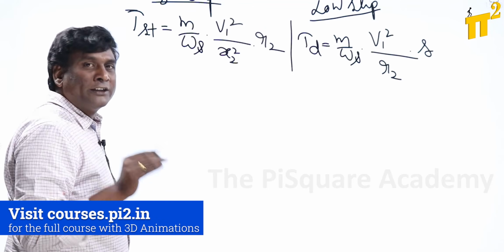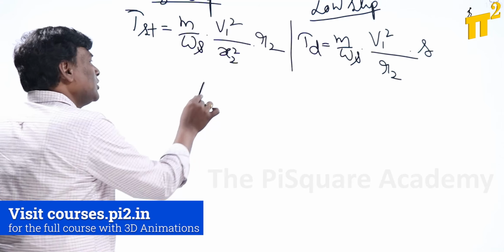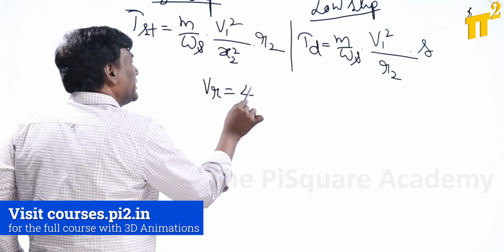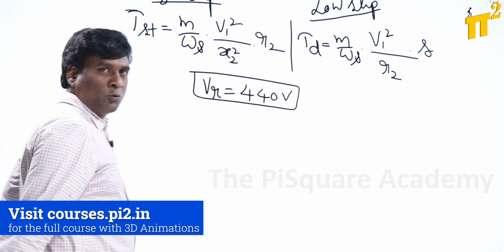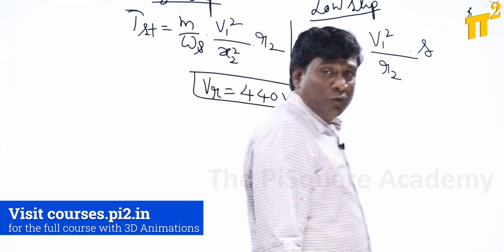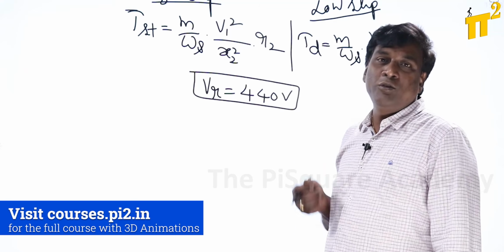Now let us see, maybe voltage control. For example, if the rated line voltage is 440 volts, can I apply more than 440? No. If I apply more than 440, insulation failure will happen.